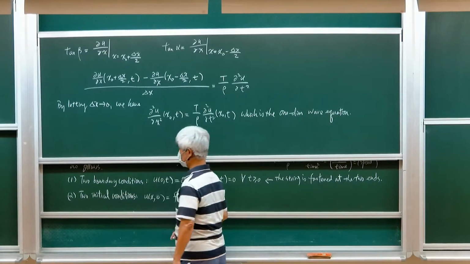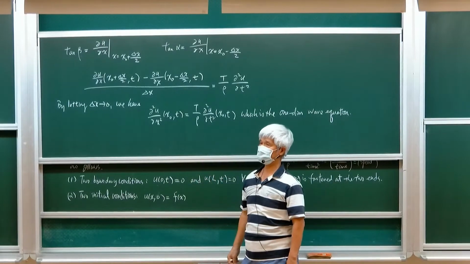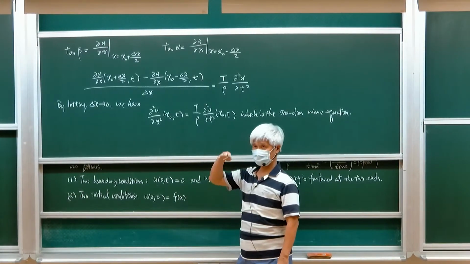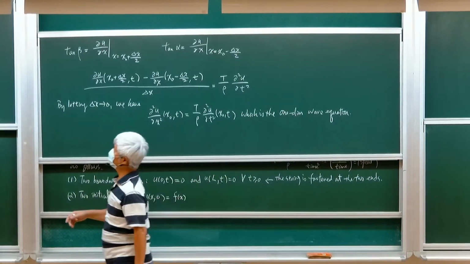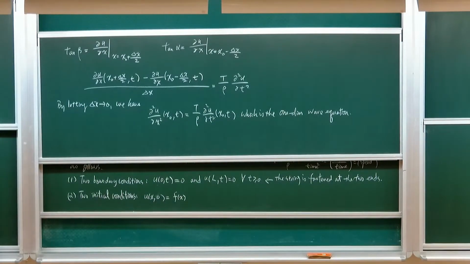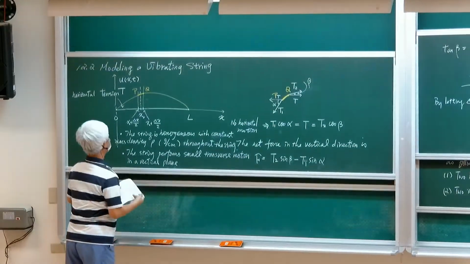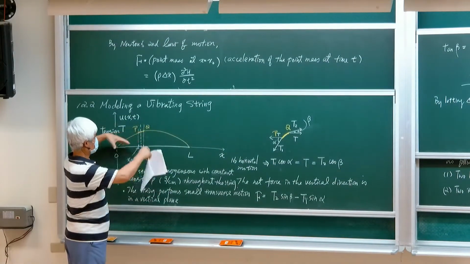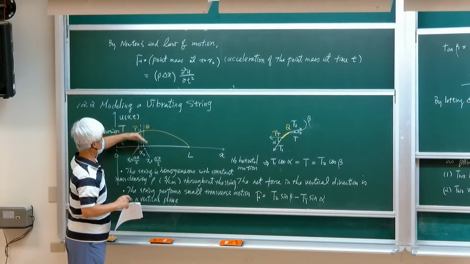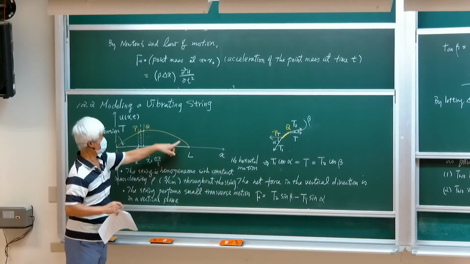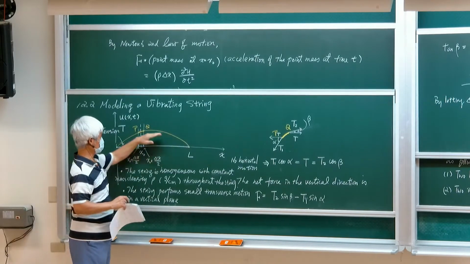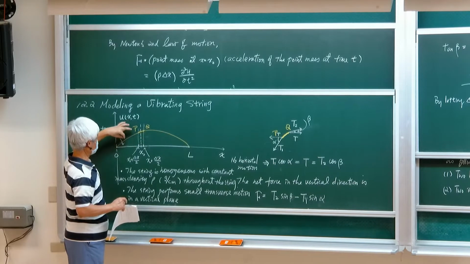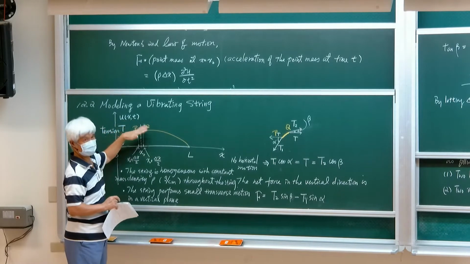Okay, it depends on the horizontal position x. So for example, maybe we just use some function, and this could be an initial position of the string at time 0.